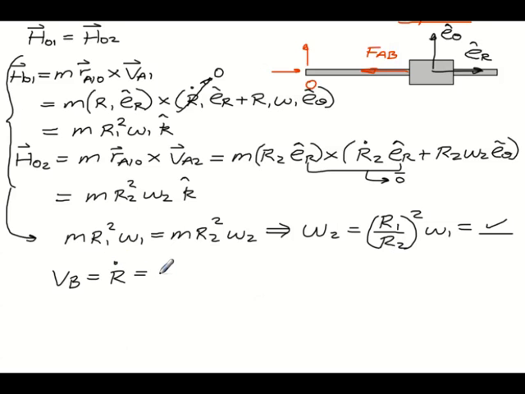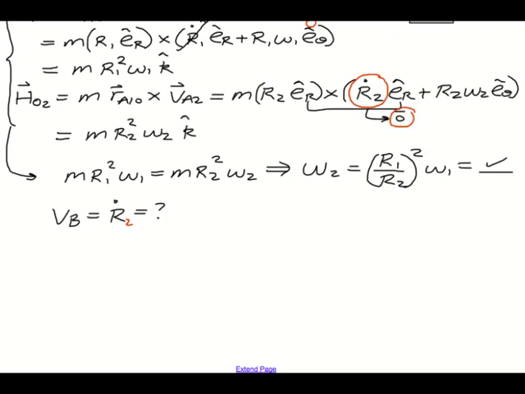But we don't know that. Right up here, where that appeared, we didn't get anything because ER crossed with itself is 0, so it just disappeared. So we have to come up with some other way to get that. Well, one thing we can observe is that energy is conserved.